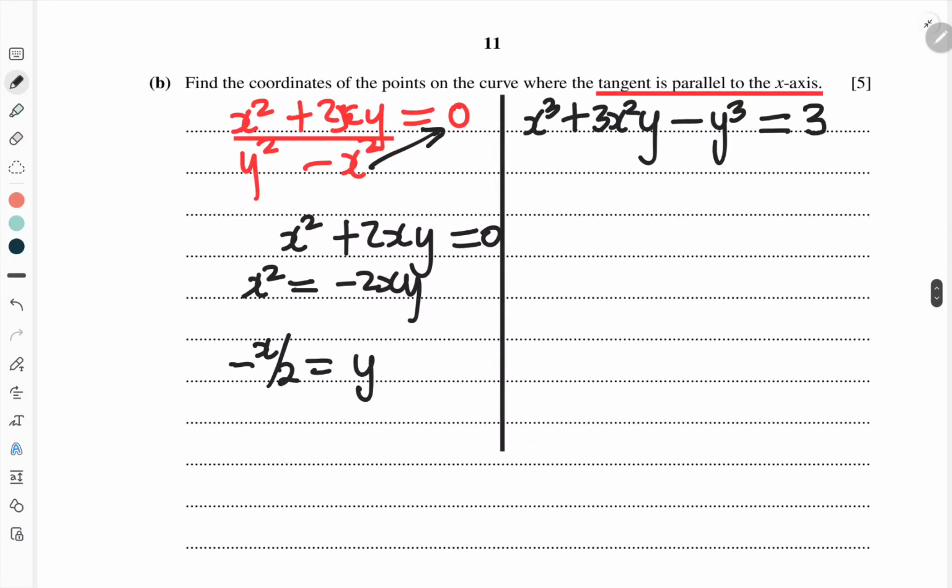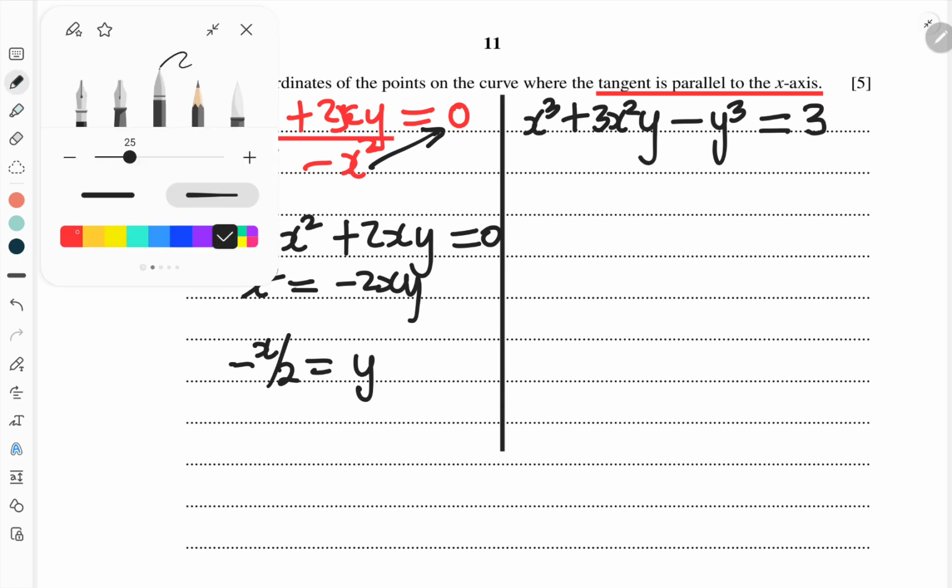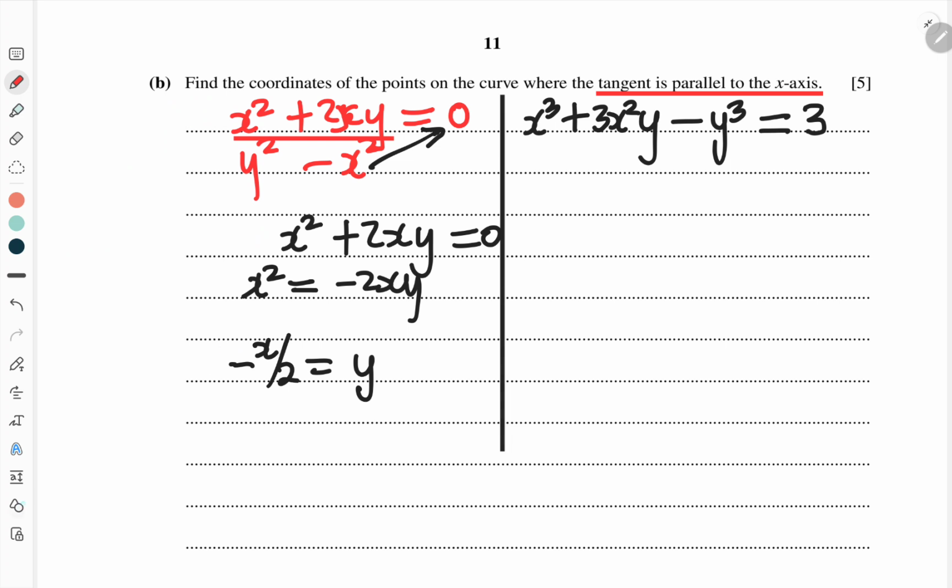So I've equated that to 3. Now what am I going to do? I'm going to substitute my y being equal to -x over 2 so that I can find these coordinates. All right, so let's do the substitution.